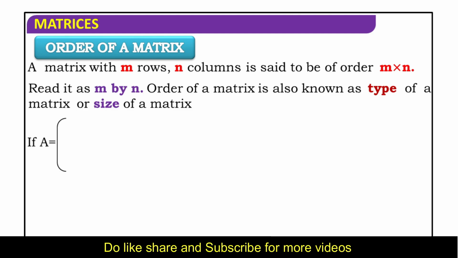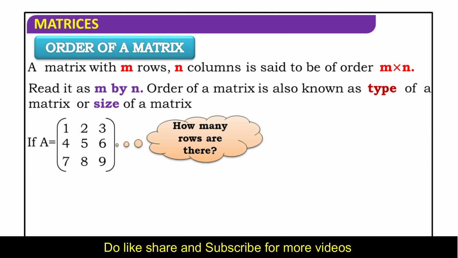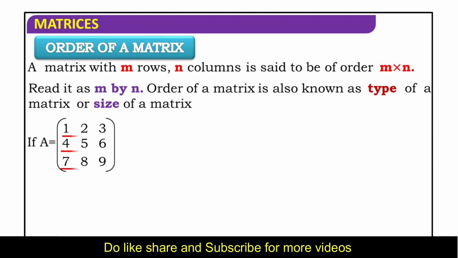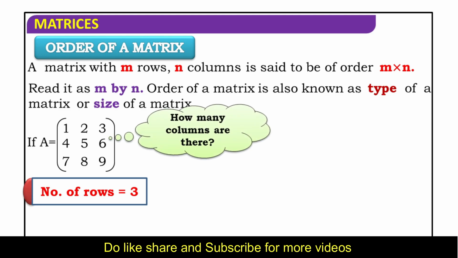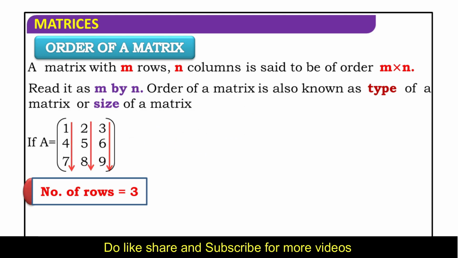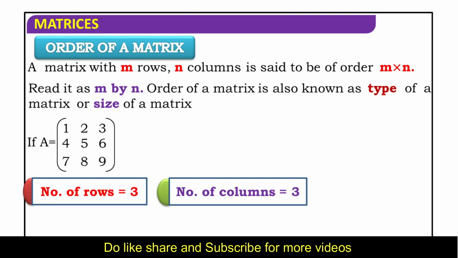If A = 1 2 3 4 5 6 7 8 9, how many rows are there? 3 rows. And how many columns are there? 3 columns. So the number of rows is 3 and the number of columns is 3. So what about the order of this matrix?